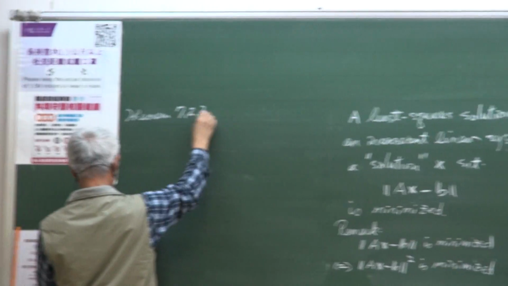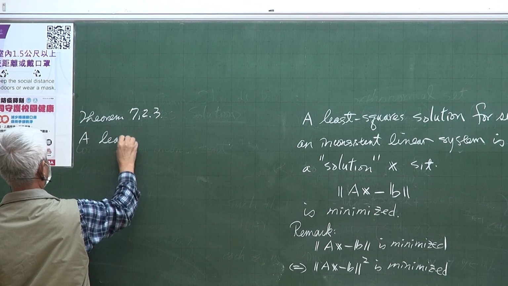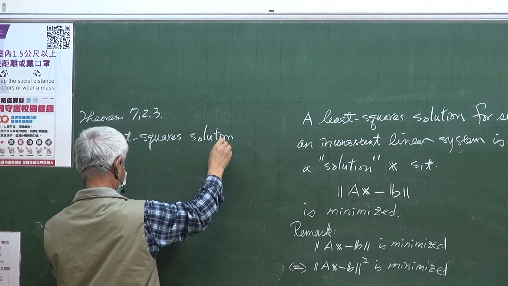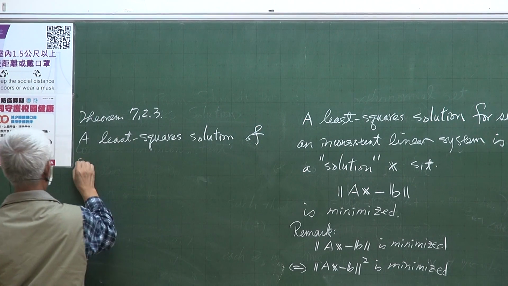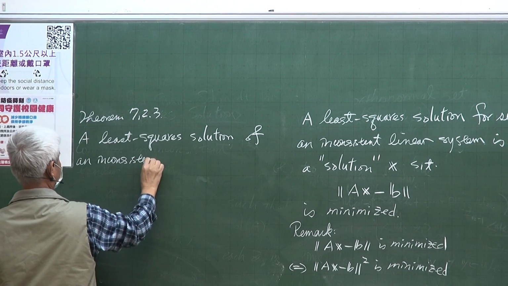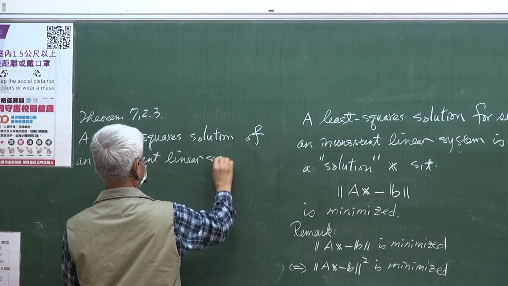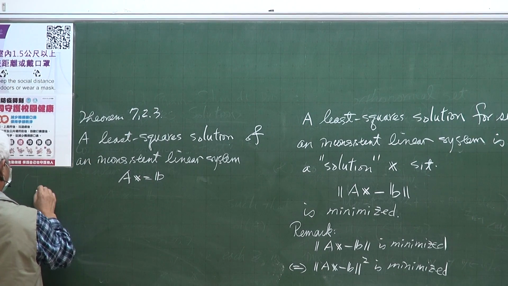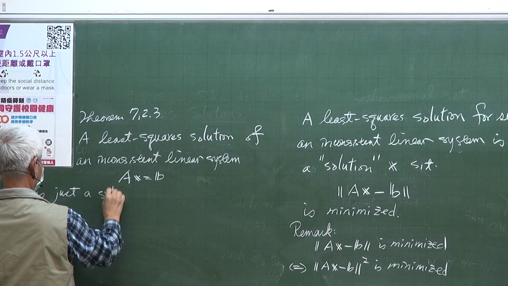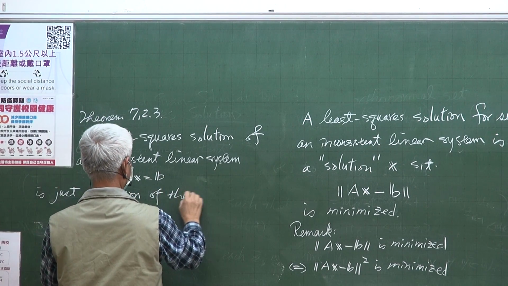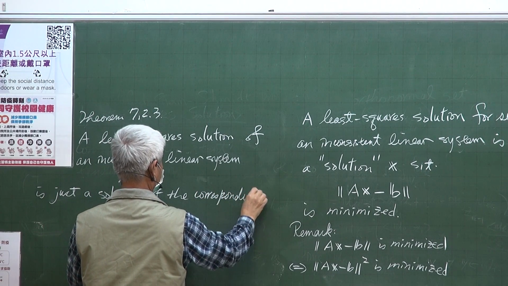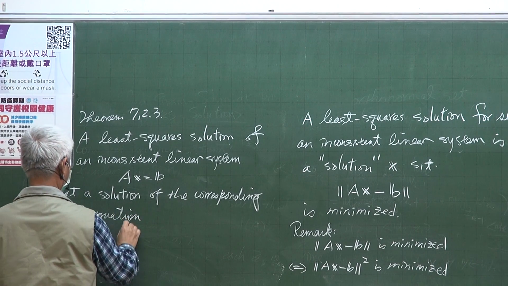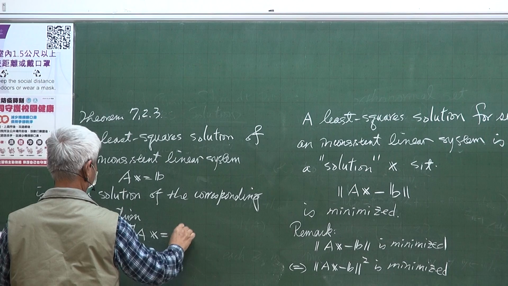The least squares solution of an inconsistent linear system Ax equal to b is just a solution of the corresponding normal equation, A Hermitian Ax equal to A Hermitian b.